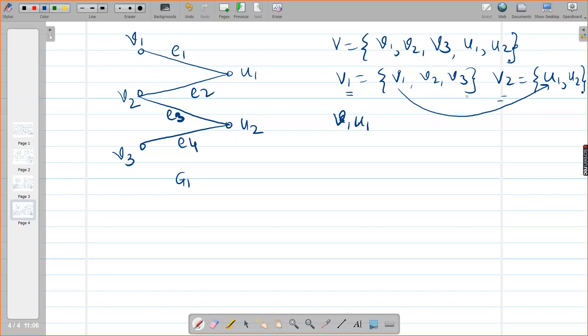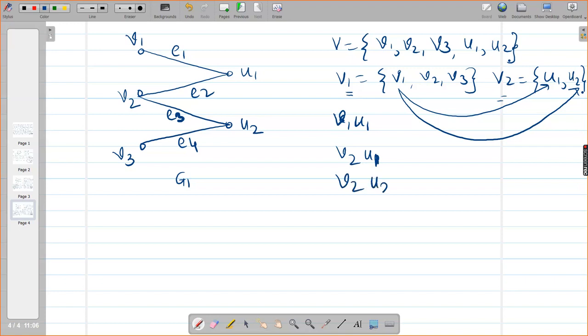Girls, you need to answer my questions. Do you see the V1, U1 edge? Yes, ma'am. Yes. Now, do you see V1 adjacent to U2? Is V1 adjacent to U2 right now? No, ma'am. It is not, right? Similarly, V2 is adjacent to U1, is there.